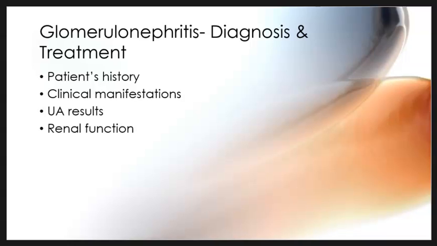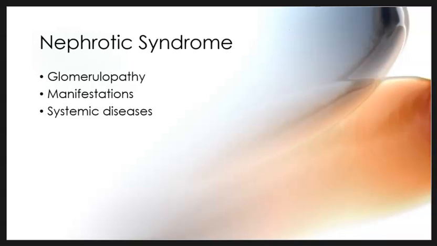Okay, so I'd like to take the last few minutes here to talk about nephrotic syndrome. Nephrotic syndrome is a glomerulopathy in which there is a urinary elimination of greater than 3 to 3.5 grams of protein per day due to glomerular leakiness.